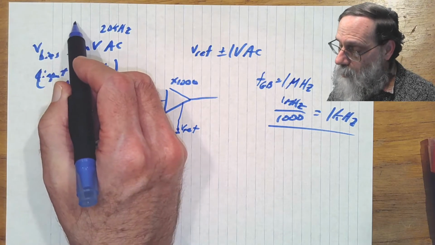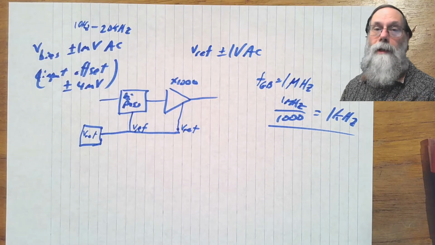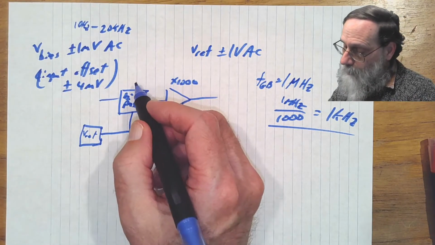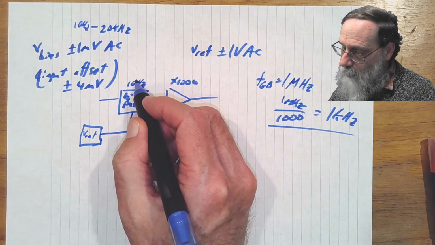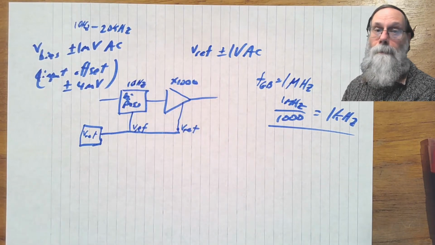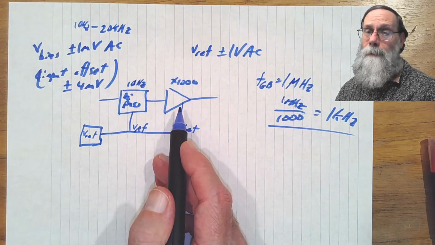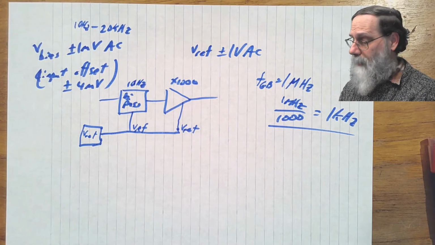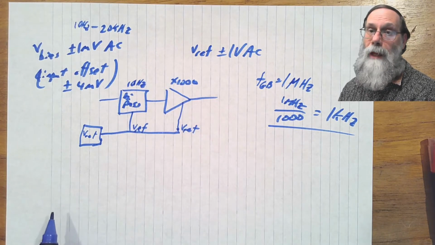So let's say we want this thing to amplify from 10 hertz to 20 kilohertz. Then we can set our high pass filter here to be at 10 hertz or anything lower. But we've got a problem here. Bandwidth of this one, we could get down to 10 hertz easily enough, but we can't get high enough frequencies through this thing.